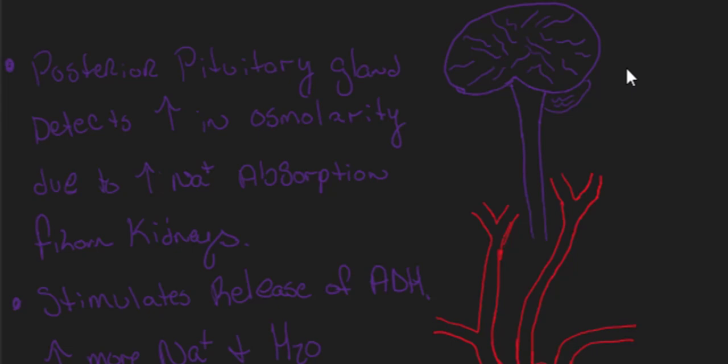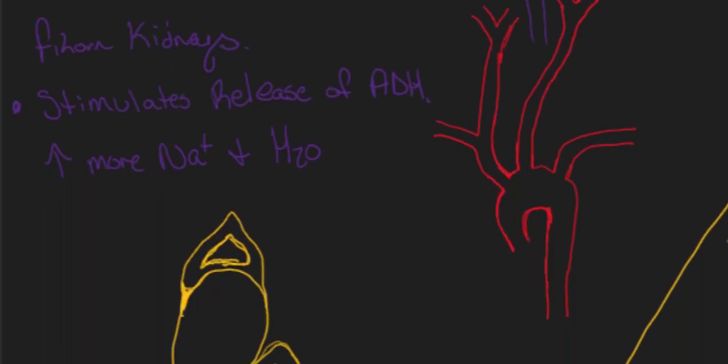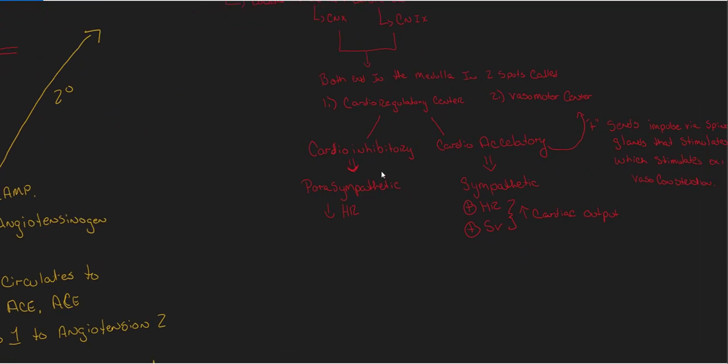That increase in the osmolarity of our blood, due to that sodium absorption from the kidneys, then stimulates the release of the antidiuretic hormone. The antidiuretic hormone causes a further increase in sodium and water, which again causes an increase in stroke volume.